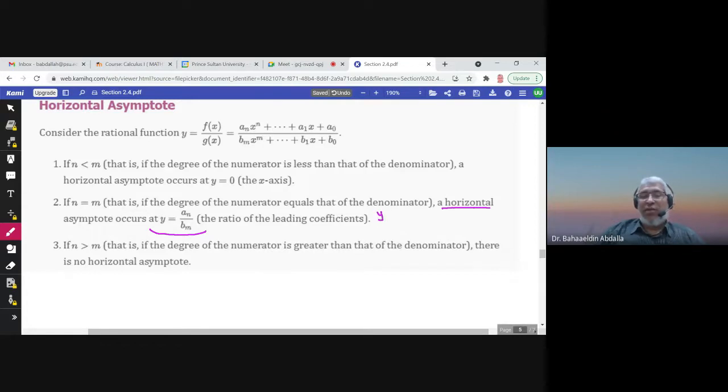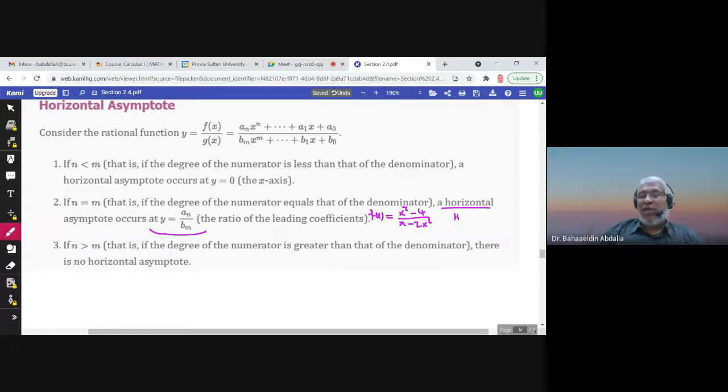So for example, if the function is f of x equals x squared minus 4 over x minus 2x squared, let me write it. You can write it as y, of course, no problem.